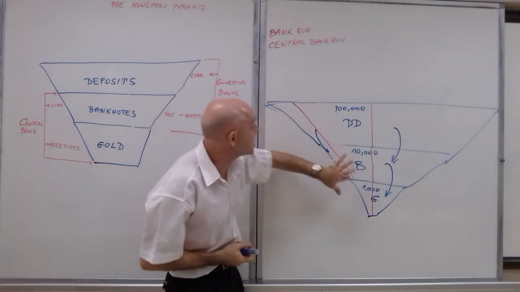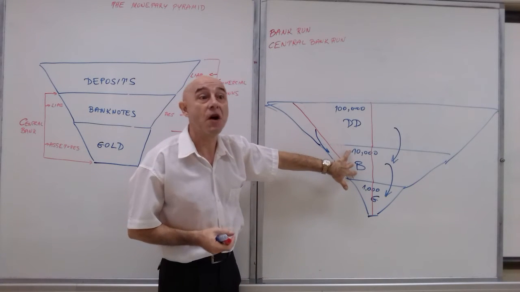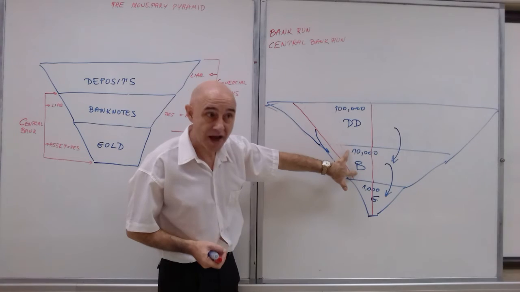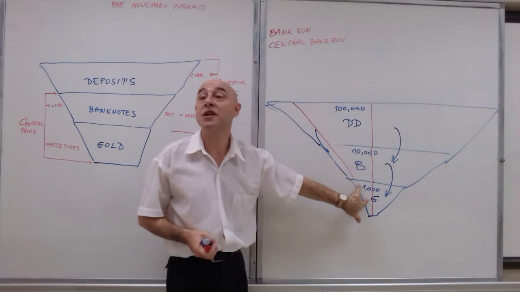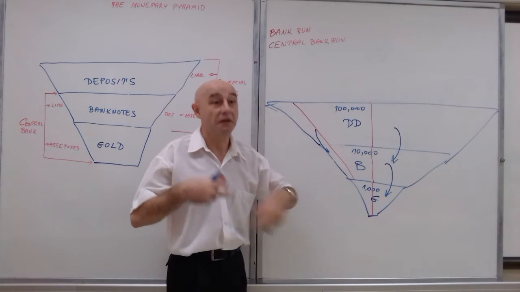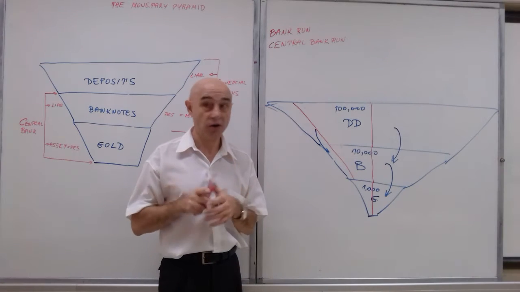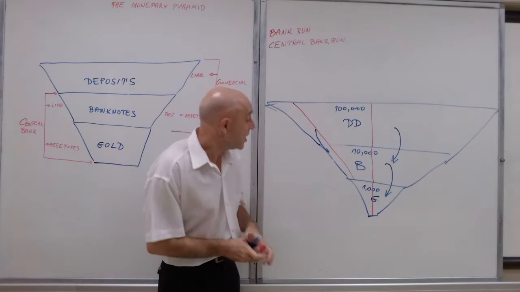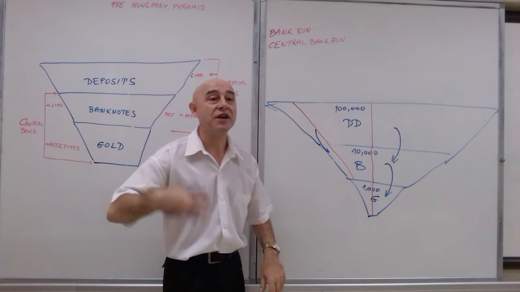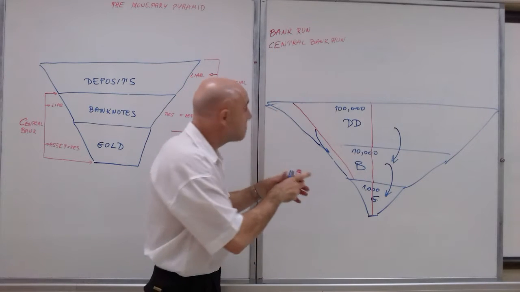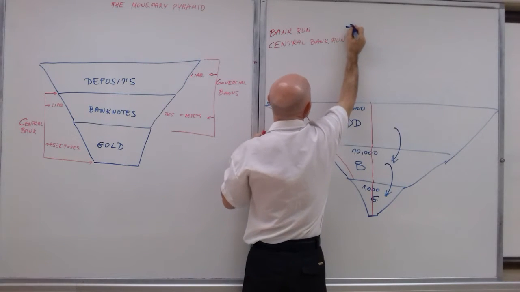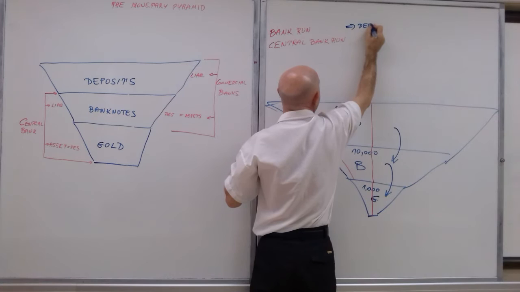A central bank run is a sudden loss of confidence in the liability, meaning the banknotes of a central bank, and conversion to the central bank reserves. If it's gold, you convert it to gold. In other words, you go to a shop and buy gold. If it's dollars, you go to an exchange and buy dollars. Okay? So a bank run is deflationary.